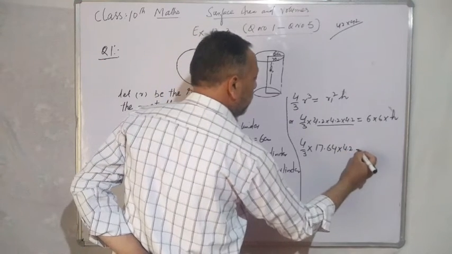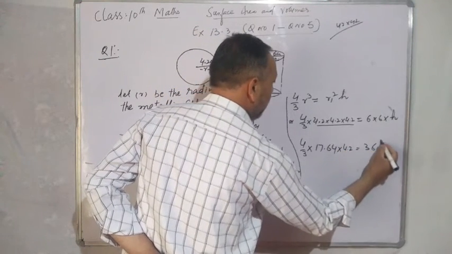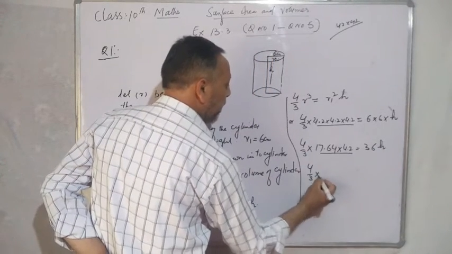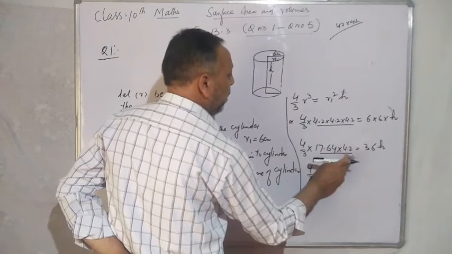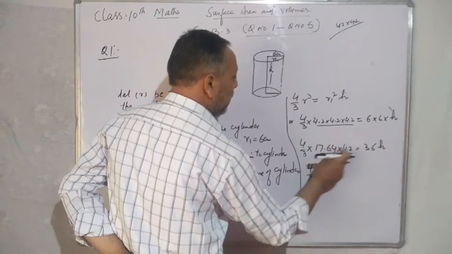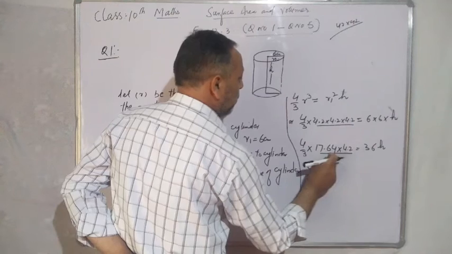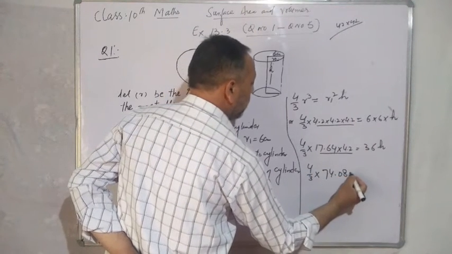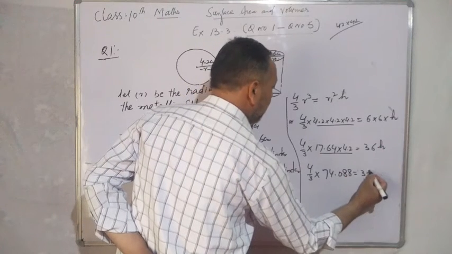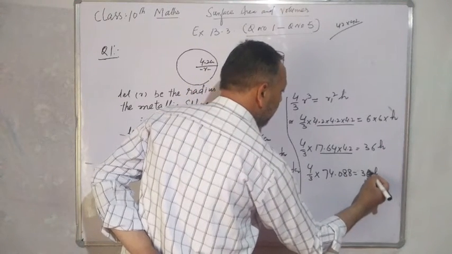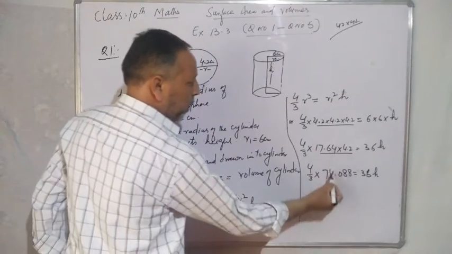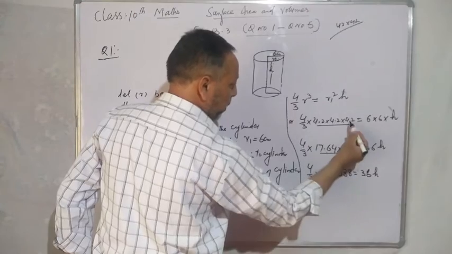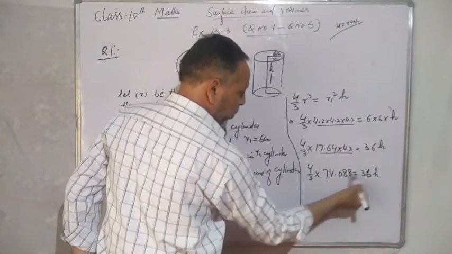Multiplied by 4.2, and 6 into 6 is 36h. Multiplying, 17.64 into 4.2 is 74.088 equal to 36h. If you have any doubt, you can calculate it: 4.2 into 4.2 is 17.64, into 4.2 it is 74.088.